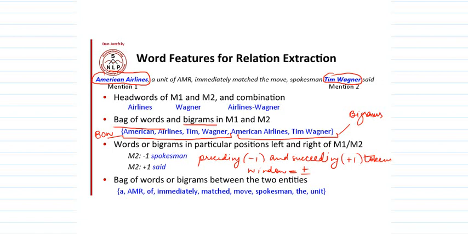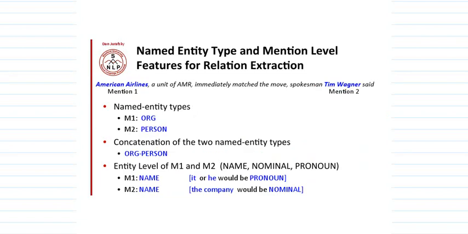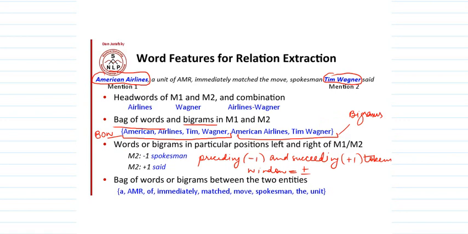We can also have bag of words. Here we have mentioned that we can have a simpler representation of the feature vector, where we just have the head words in the features.